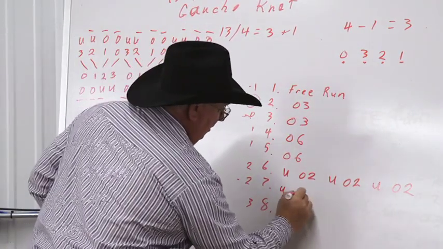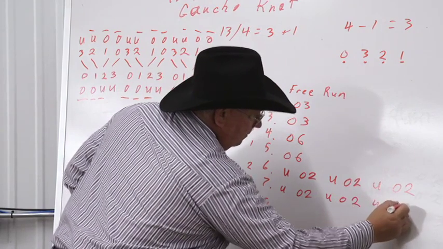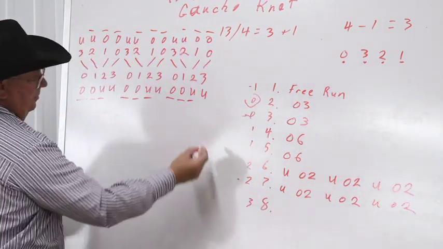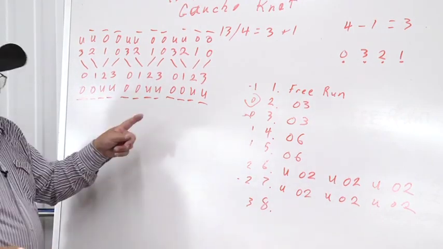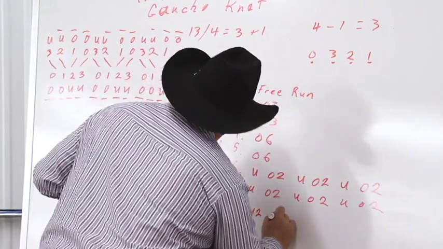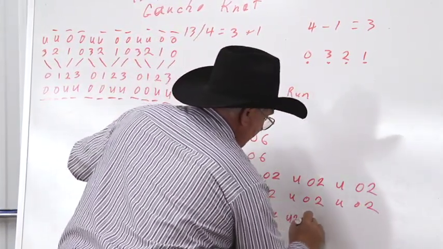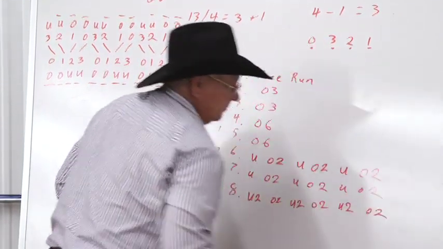So it's under, over 2, under, over 2, under, over 2. Now we're looking for our 3. Now it's our pattern. Under 2, over 2, under 2, over 2, under 2, over 2.